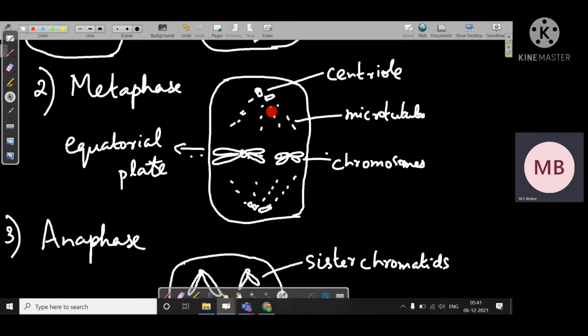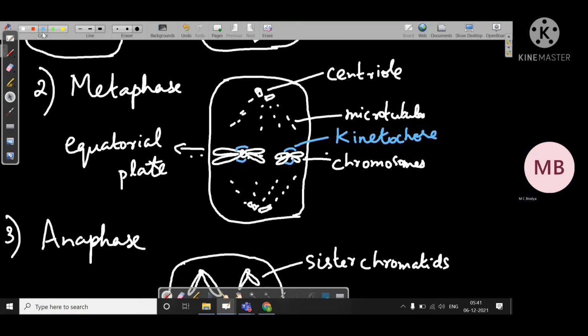The microtubules, which were emerging from the centrioles, were attached to a structure near the centromere, and that is called the kinetochore. During the anaphase stage, these microtubules will be pulling the chromatids and separating them towards both the poles.